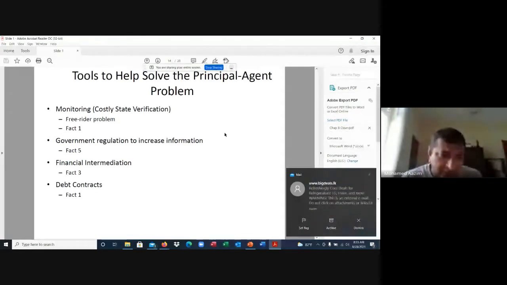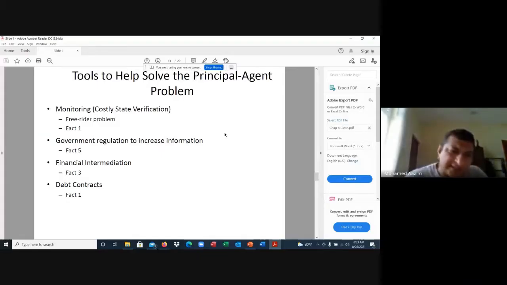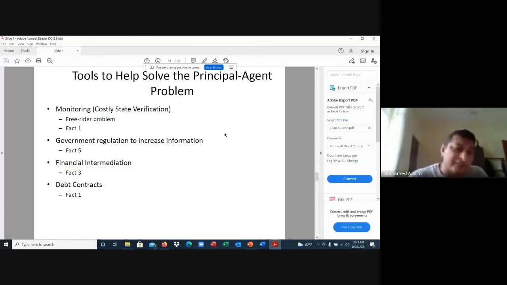Then you see financial intermediation itself, indirect finance, that itself solves the principal agent problem and helps to address fact 3. So fact 3 you can review and see the element there, and you see that fact 3 is explained on the basis of financial intermediation itself. Then the debt contract, not equity contract, debt contract, that is fact 1. And that also explains the so-called principal agent problem.